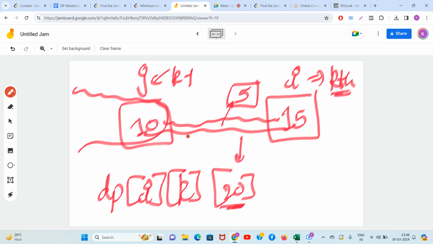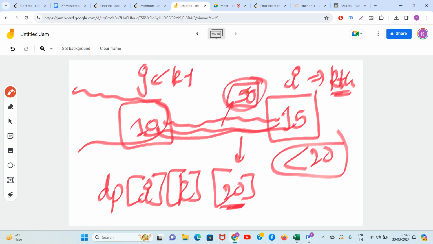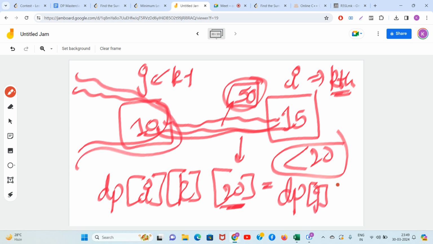So if the difference of the last and second last element is less than 20, then ignore, don't do anything. It is not going to give you the difference of 20. But if this was 50 instead, then dp[i][k] would be nothing but dp[j][k-1][20], the number of sequences of length k minus 1 having the difference as 20, which you actually want.